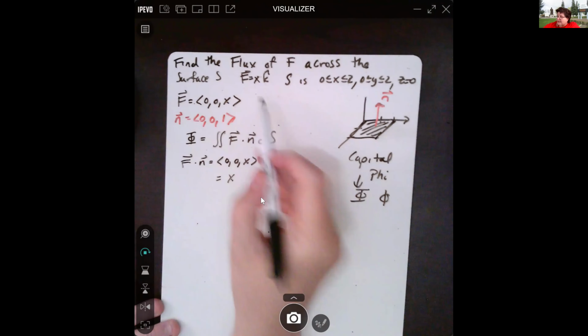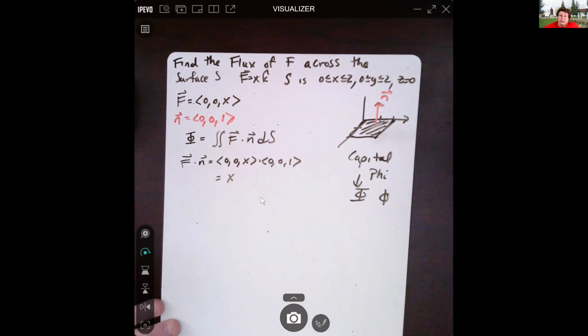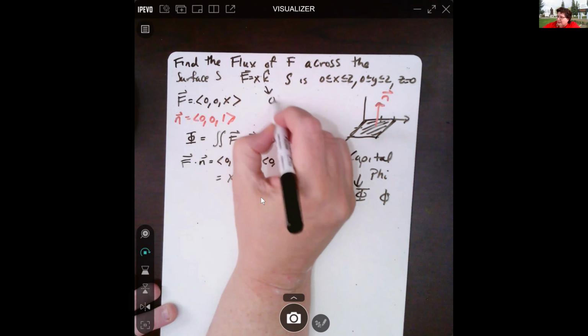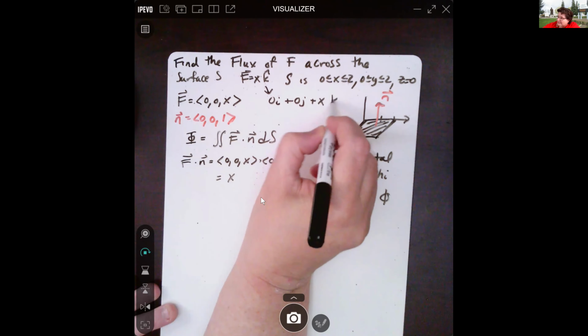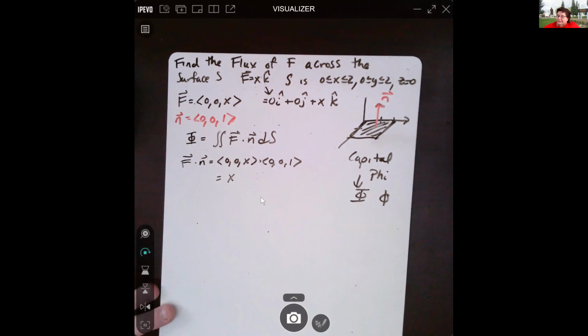It says x is in the k hat direction, which means 0i plus 0j plus xk. They could get tricky like that. They do tend to get.